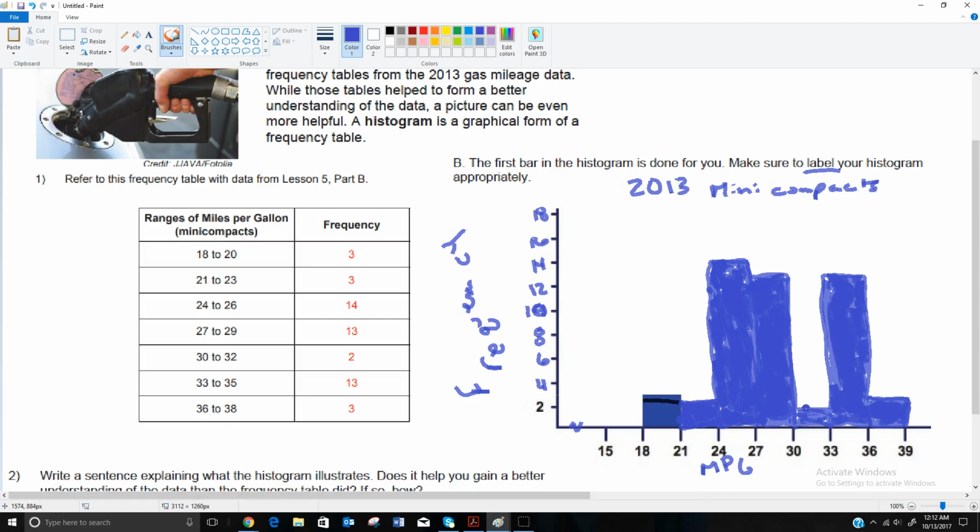We have this one little odd range here that only has 2 in it, but then we have most of the values in these 3 ranges. And if we wanted to say most of the values are from 24 to 36, there's only a few values that are here and here. So it gives us a nice, real quick visual, even more so than the table does.